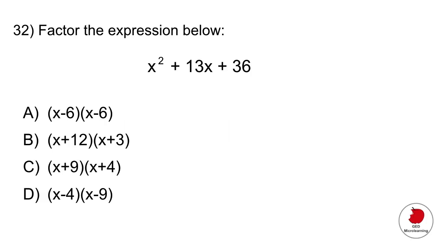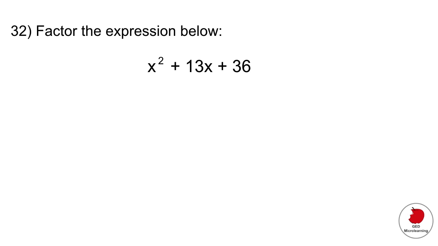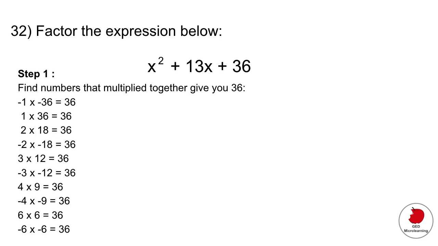We're going to go ahead and do another question, once again using this same method. Factor the expression below. Step 1, let's find all the numbers that multiplied together give you positive 36. Those are all the numbers that, multiplied together, give you positive 36.